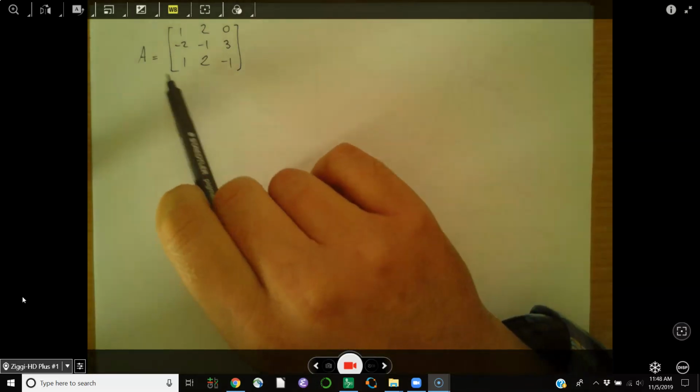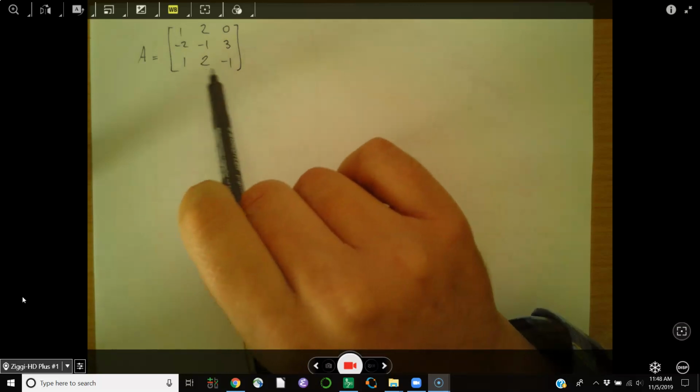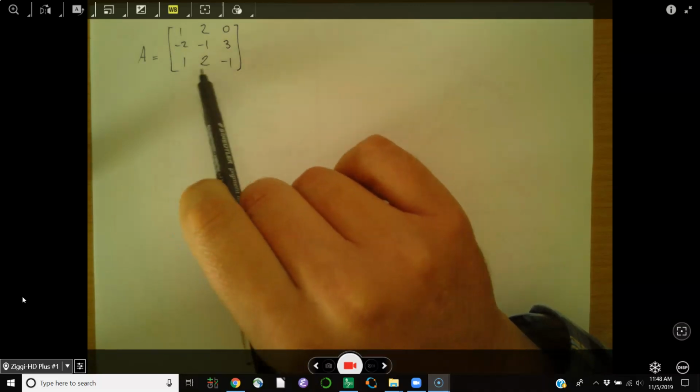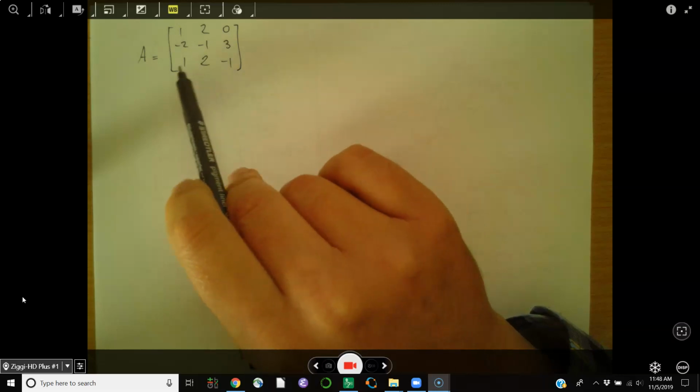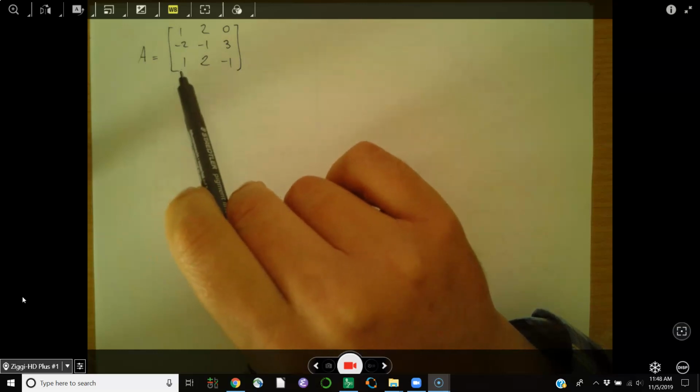This matrix has a column space, the space of outputs, and the Gram-Schmidt algorithm is going to come up with an orthonormal basis for the column space.